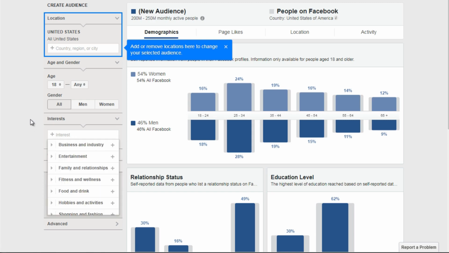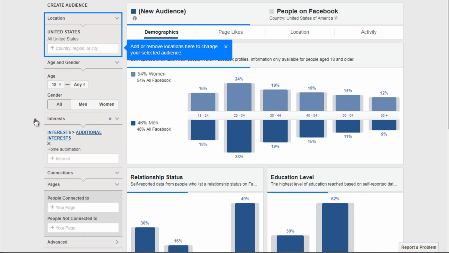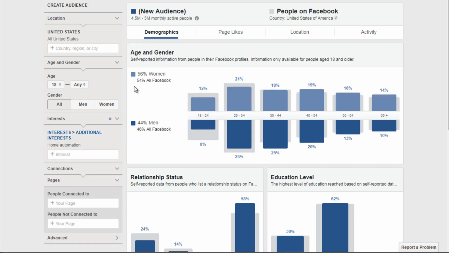So let's switch to something else, because I did a search earlier on home security and I wasn't getting a lot of traction. So let's do a search on home automation and see what we get. Now, what's interesting about this was I assumed that the people interested in home automation would primarily be men.